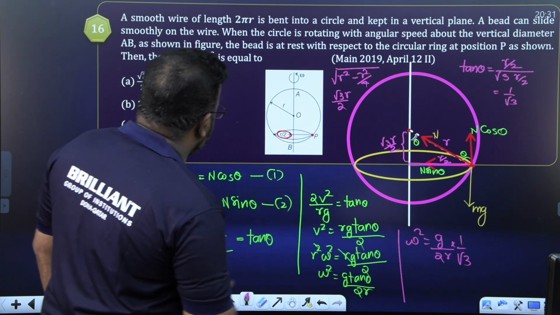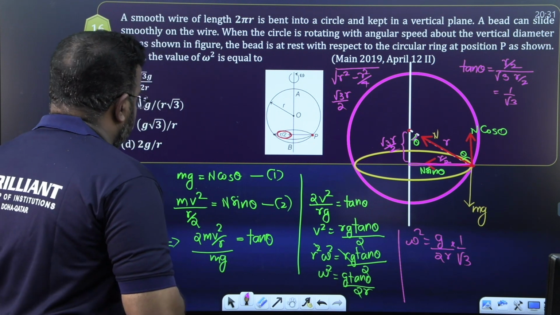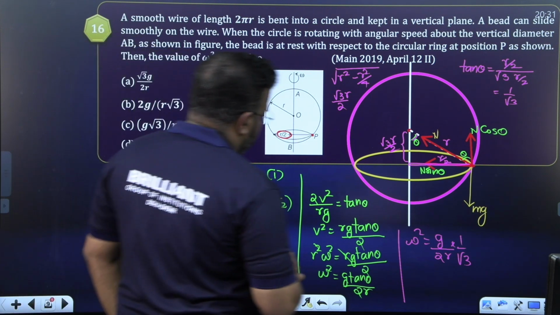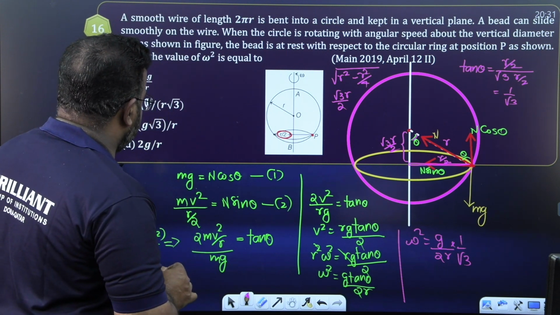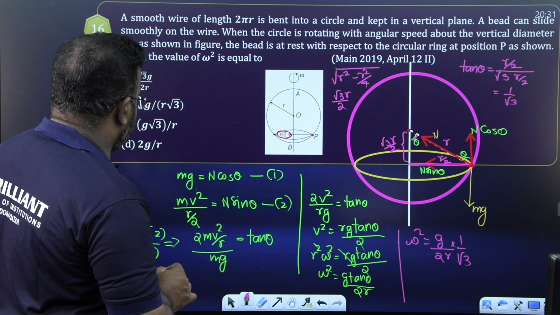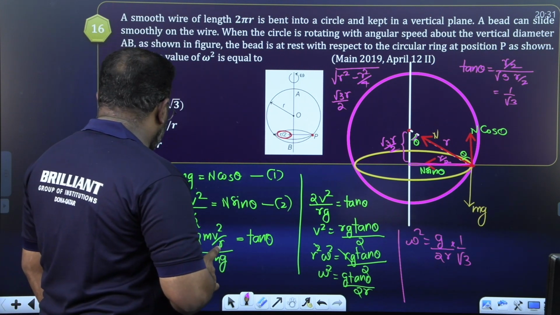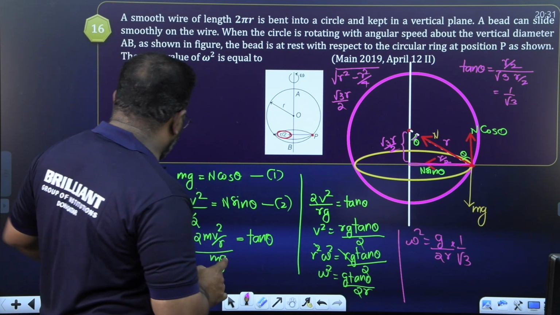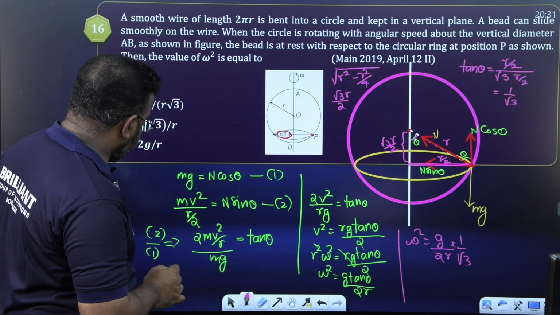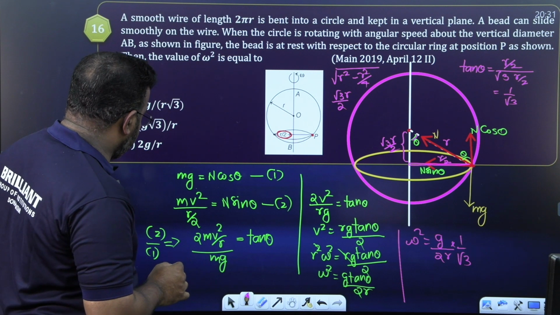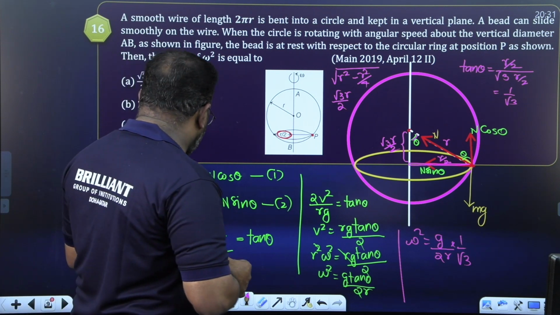Is there anything missing? 2G by R root 3 is there. Check if there is any mistake. So M got cancelled.